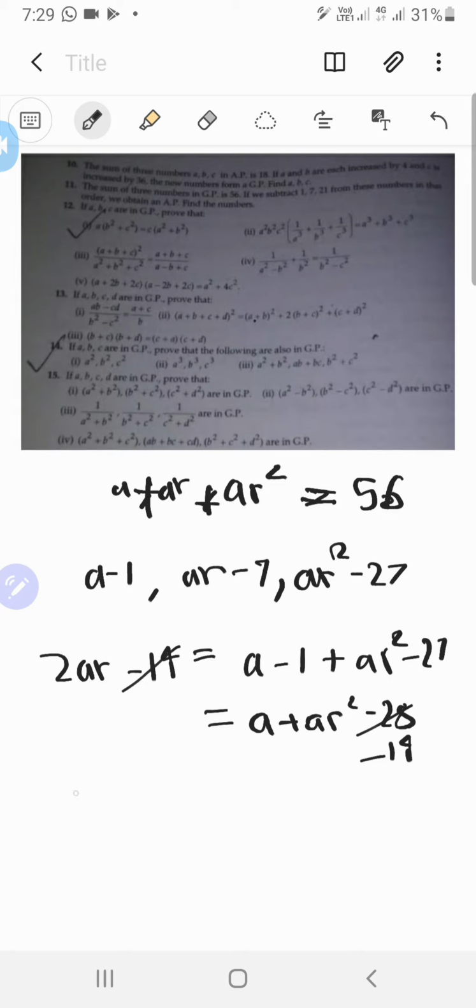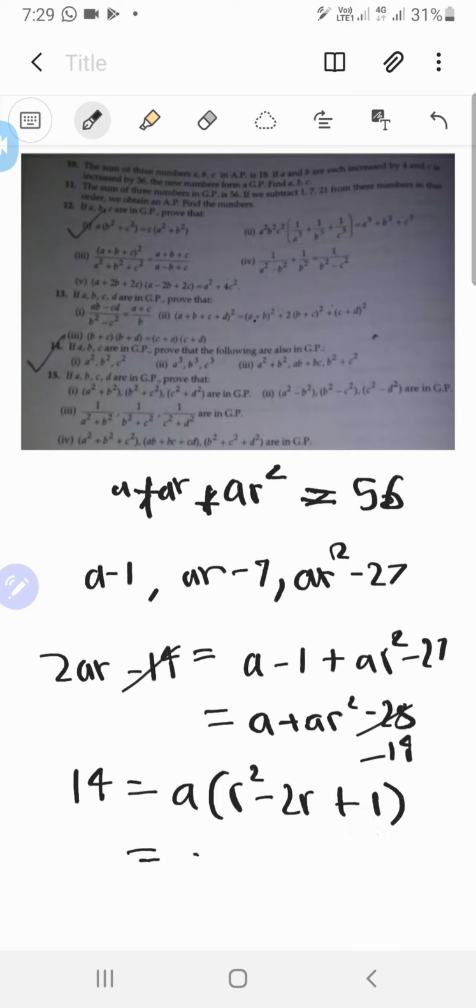We get 14 is equal to, well, A into R squared minus 2R plus 1. So it's going to be A into R minus 1 squared, I think. Yeah, that should work. Obviously we can do it like that. Okay, that's one of the ways of doing this.